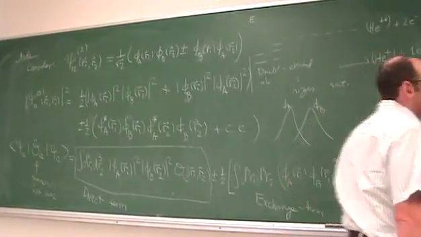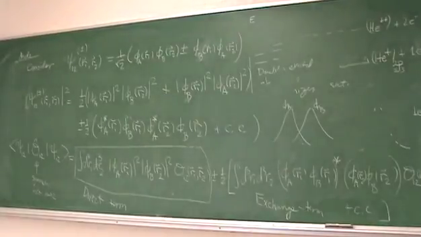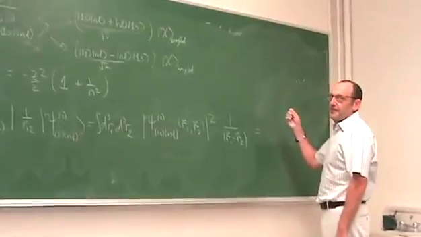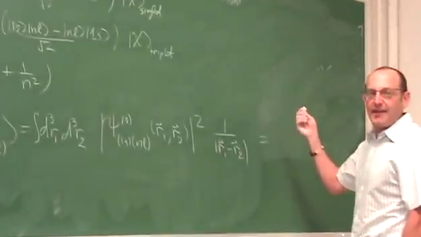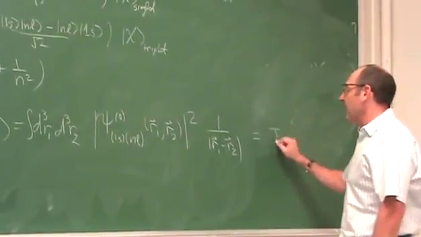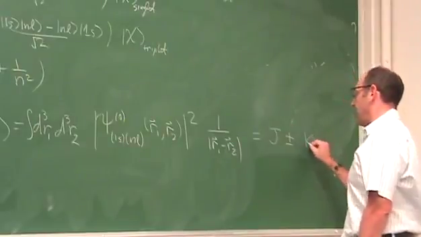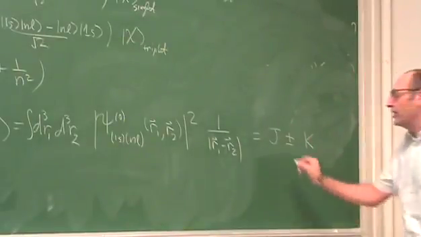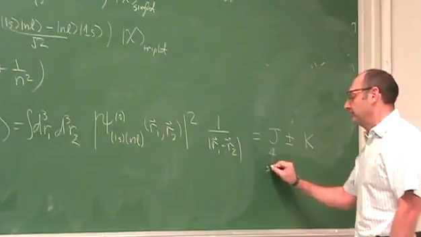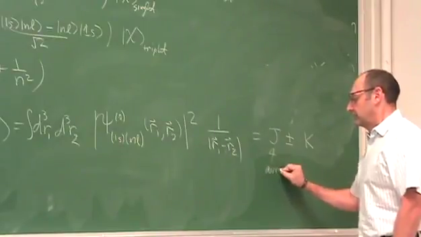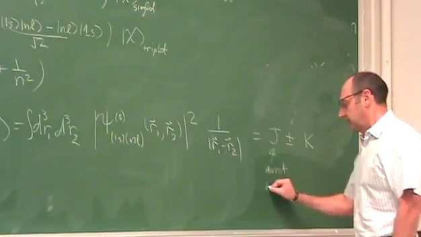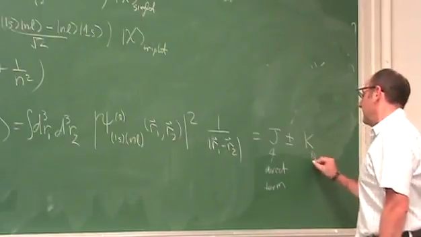And we have the exchange term. And this is typically written as, for lack of better letters, J plus or minus K, where this is the direct term, and this is the exchange term.